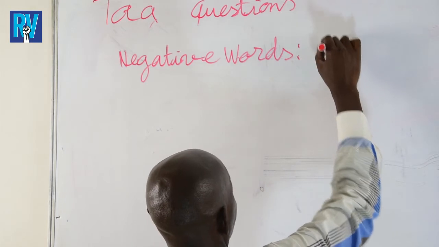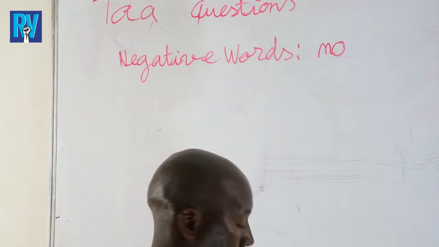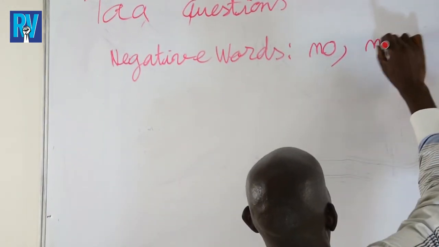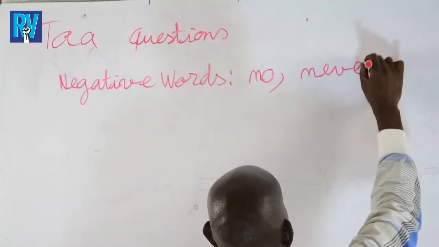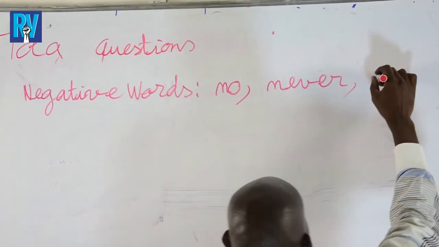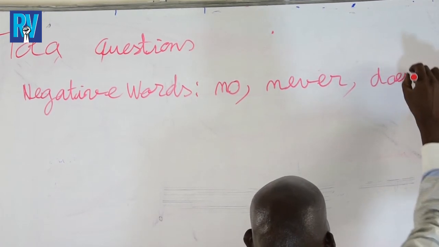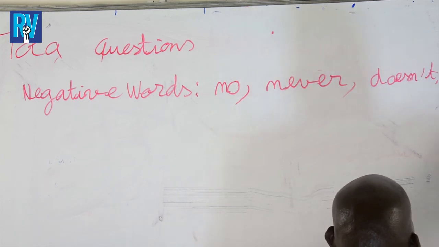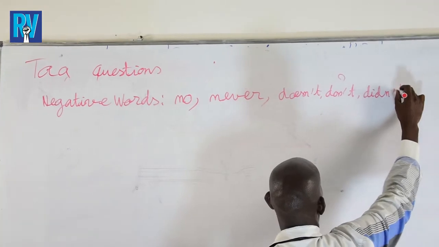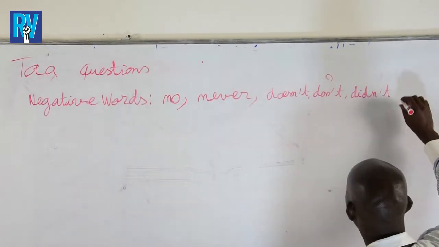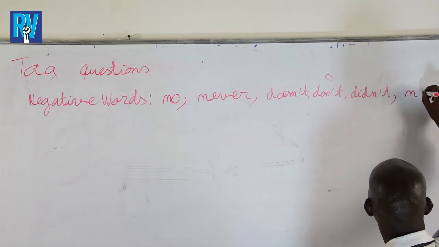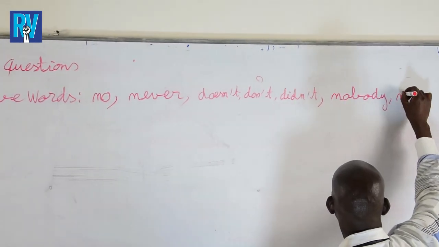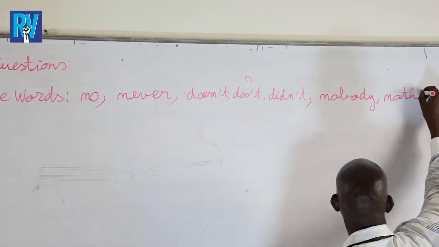You have no. You have never. You have hasn't, don't, didn't. You have nobody. You have nothing.